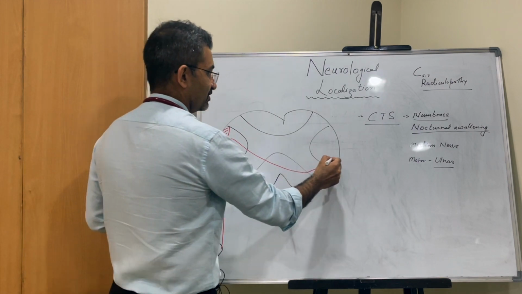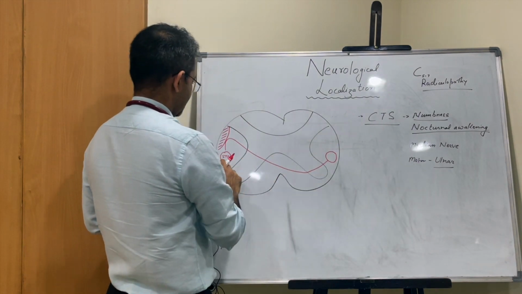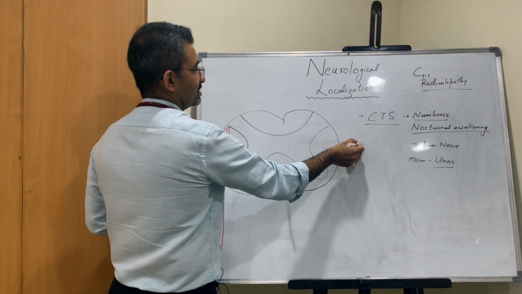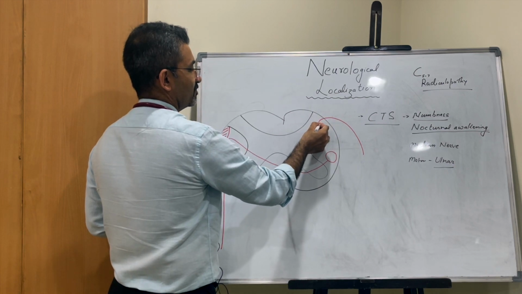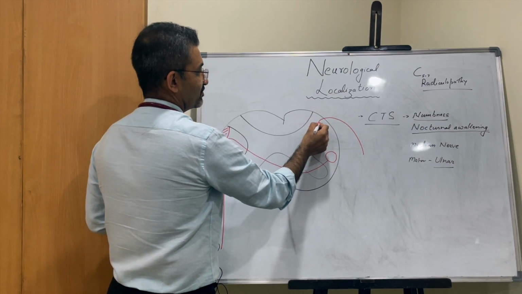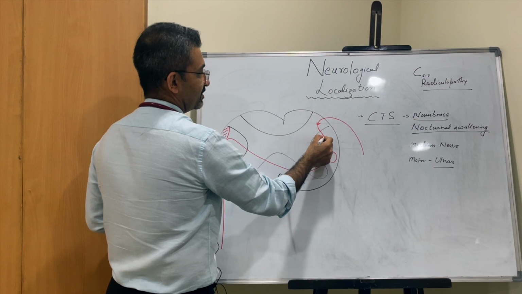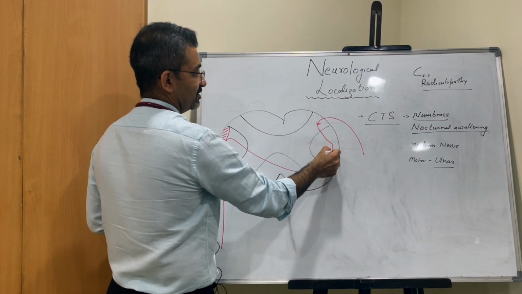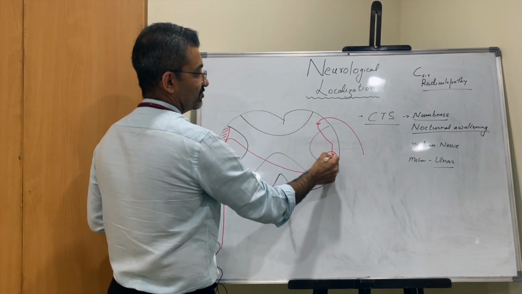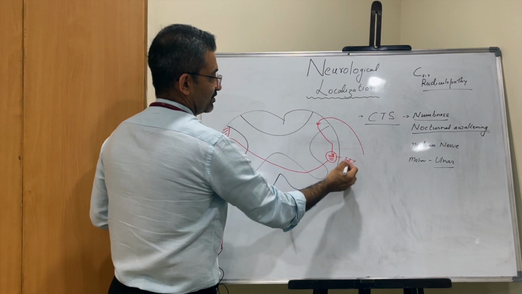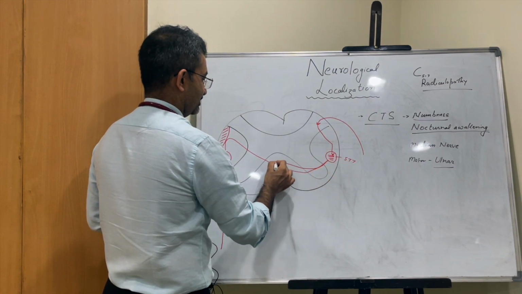Similarly, you have your spinothalamic tract. The sensations go in from the dorsal horn, they ascend up through Lissauer's tract and then they go in the lateral spinothalamic tract, they cross over like this.